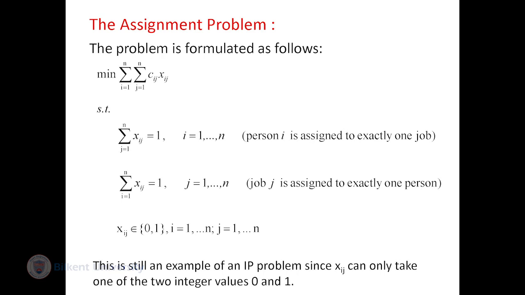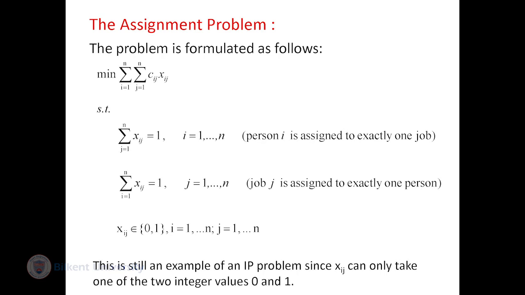So xi1, xi2, xi3, xi4 equals 1, because x11 is person 1 doing job 1, x12 is person 1 doing job 2. So the guy numbered 1 will only do one job, right? Over all jobs for each person, only make one assignment. This is it. Make sure that each person performs one task.